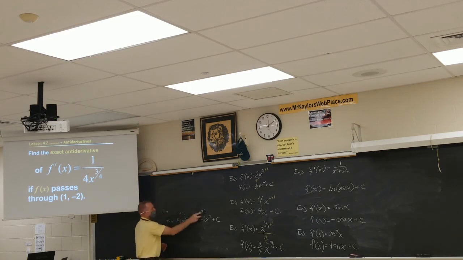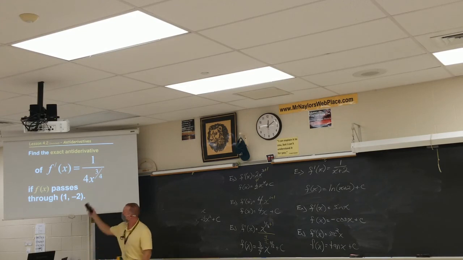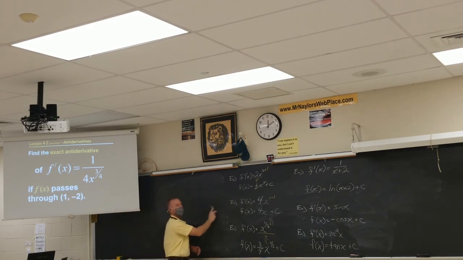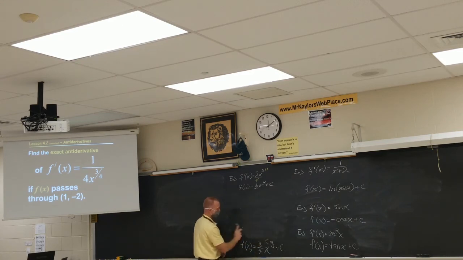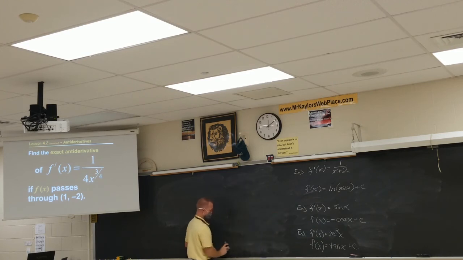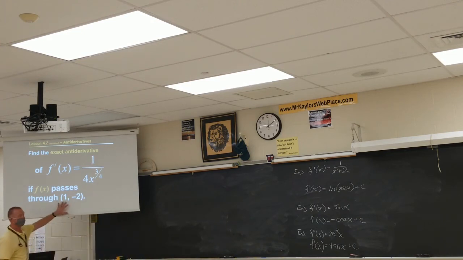When you're presented with a problem that says to find the exact antiderivative, and you have some extra information, what it really is asking you to do is find c. The other thing I want you to realize is that you would need some extra information. Basically, you would need a point.